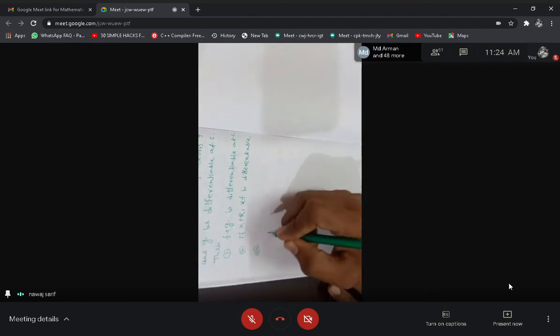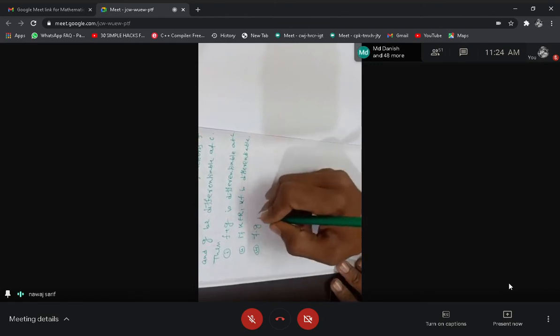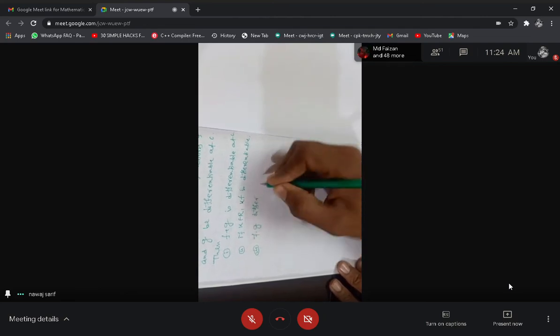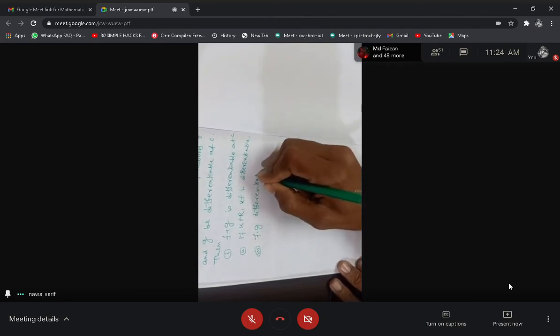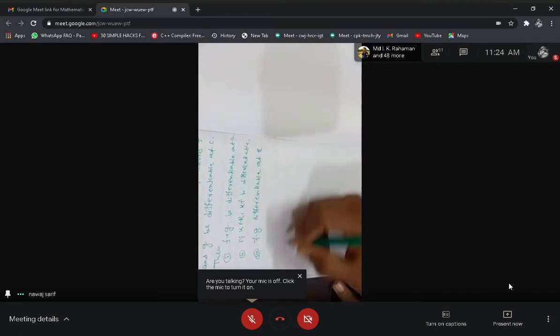Number 3, the product of two differentiable functions is also differentiable at c.